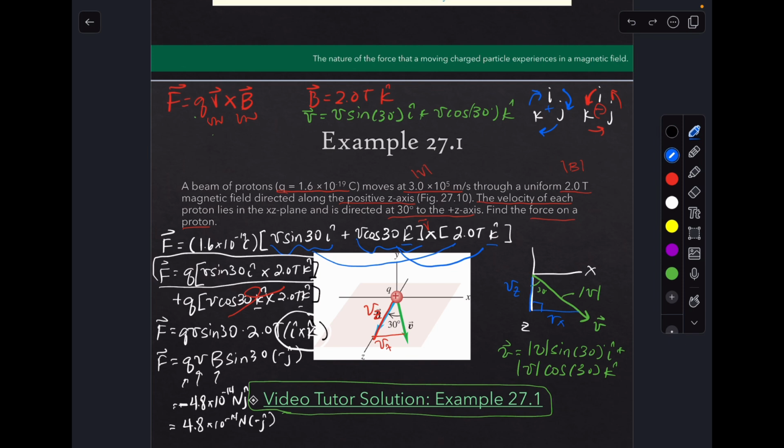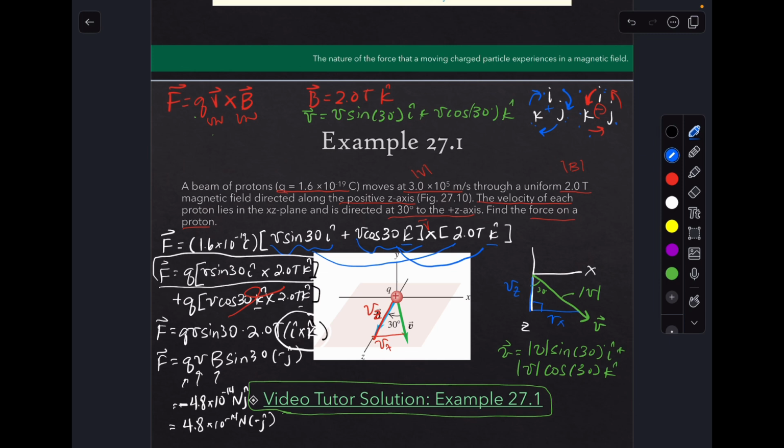If I was going the other direction, for example, I cross J is positive K, J cross K is positive I, K cross I is positive J. If you go counterclockwise, you get the negative: I cross K is negative J, K cross J is negative I, J cross I is negative K. That's how you know if your direction is positive or negative: whether you're going clockwise or counterclockwise with the positive coordinates.